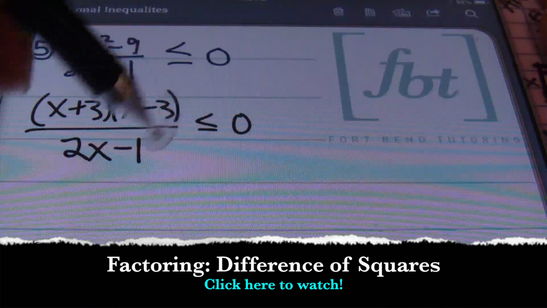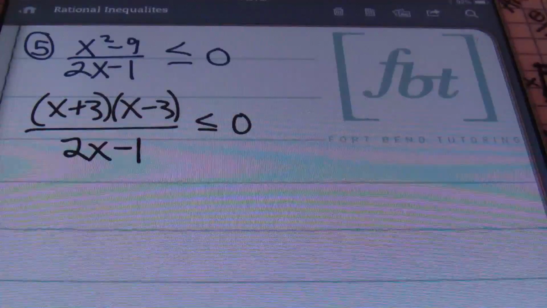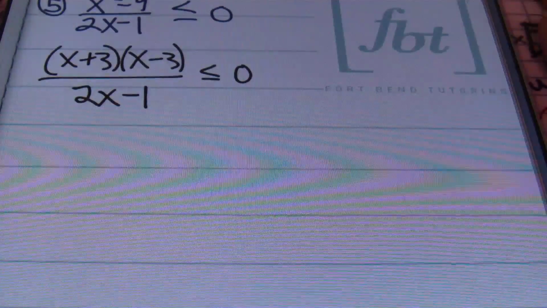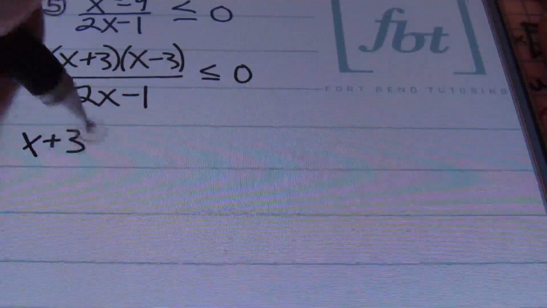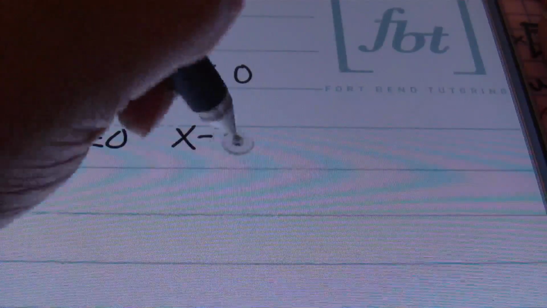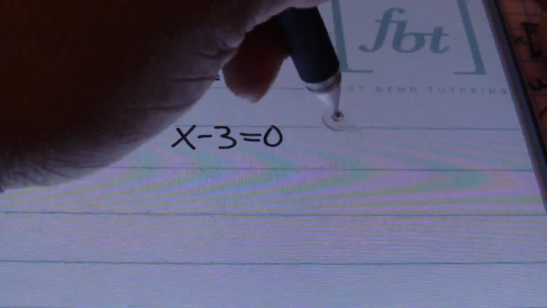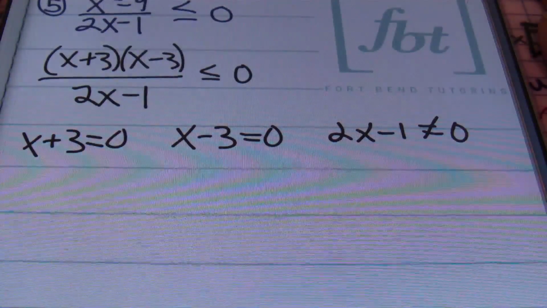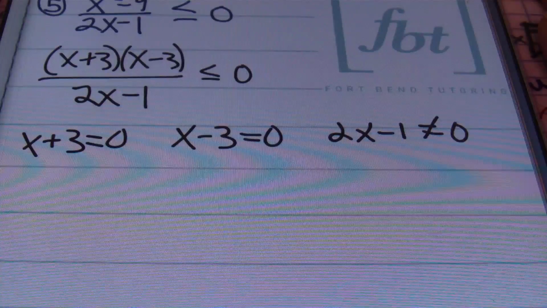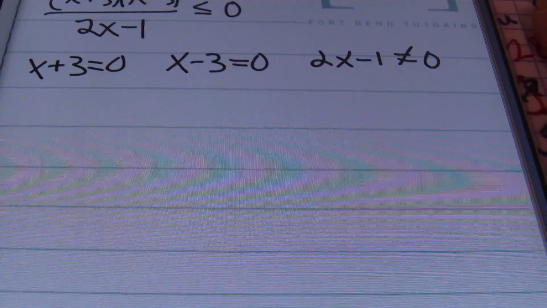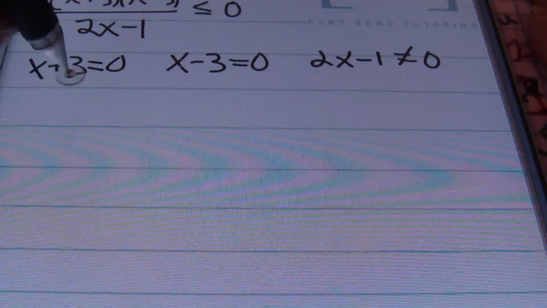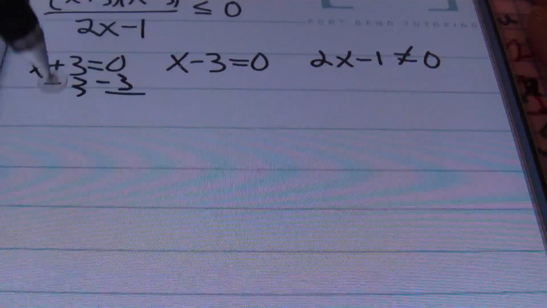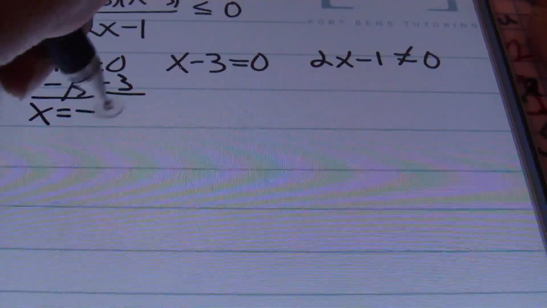Then you're going to set each one of your factors that you see here equal to 0 to find out your critical values. So I'll have x plus 3 equal to 0. I'll have x minus 3 equal to 0, and I'll also have 2x minus 1 not equal to 0, because that will make it undefined if it ever is 0. From there, you're going to be solving for each one of your critical values here. So I'm going to subtract 3 from both sides. This gives me x equals negative 3.